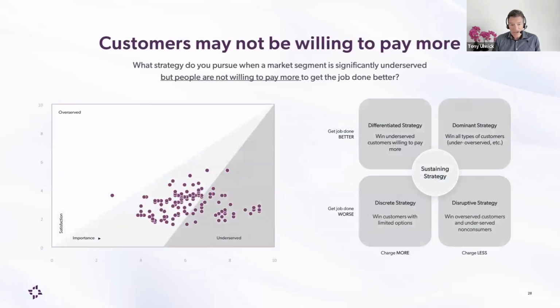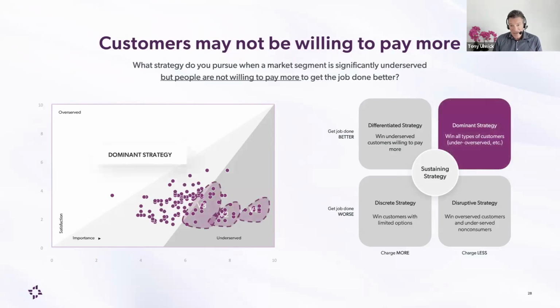So you may run into a situation that looks like this, but people aren't willing to pay more to get the job done better, which means you would have to come up with a solution that would satisfy these unmet needs, but the solution couldn't cost more. You'd have to charge the same or less in order to win in this situation. So this other piece of information, if they're willing to pay more or not, is critical in terms of positioning what strategy you might find yourself pursuing.